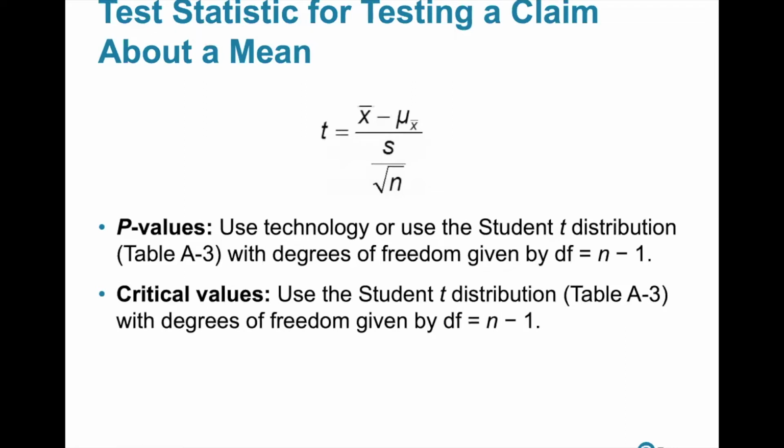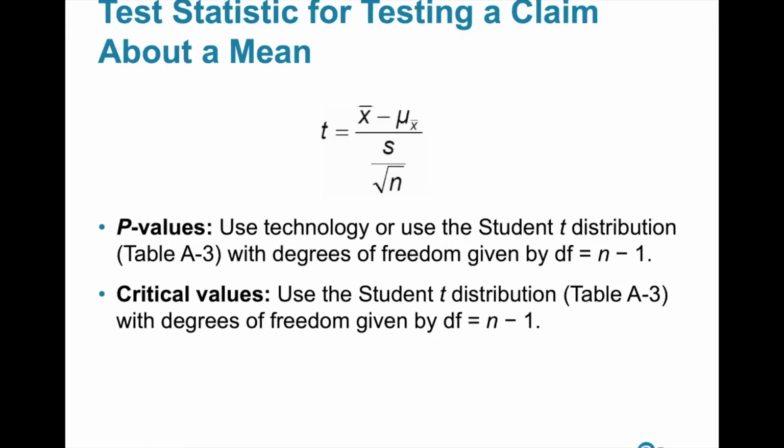So this is from the student's t-distribution that we looked at in the last chapter. And this test statistic is t equals x bar minus the population mean mu, or mu sub x bar, divided by s over the square root of n.